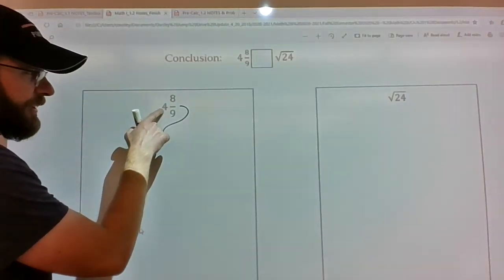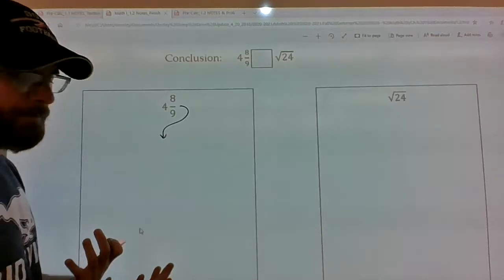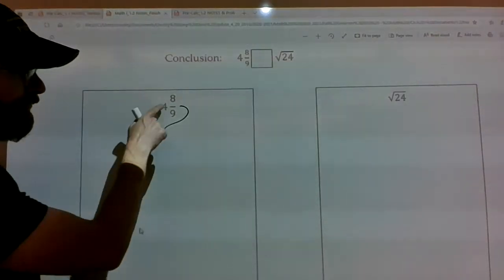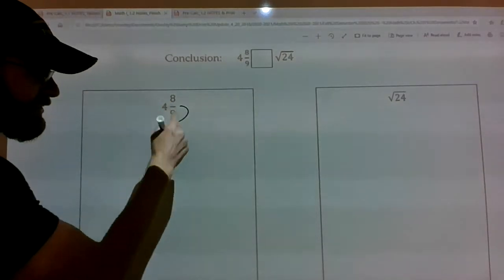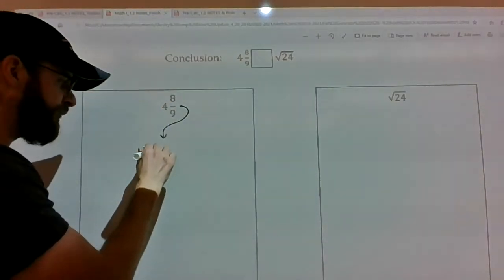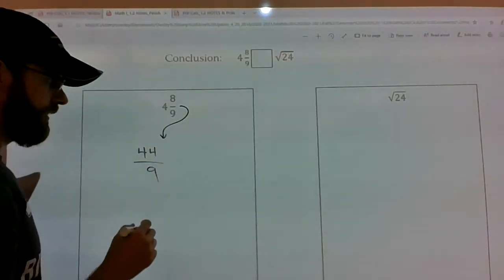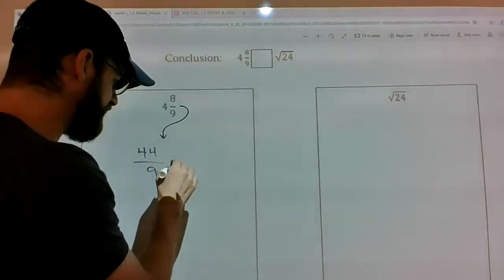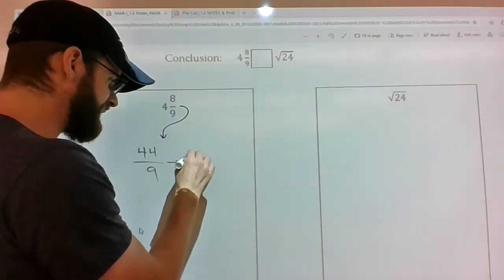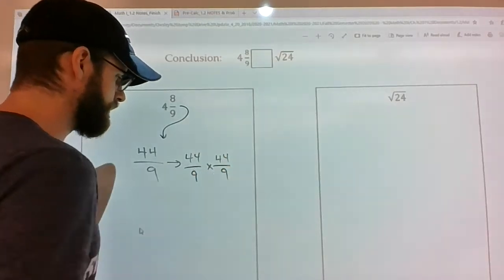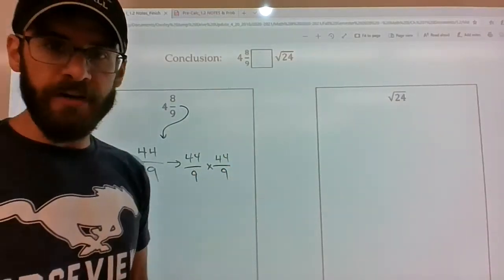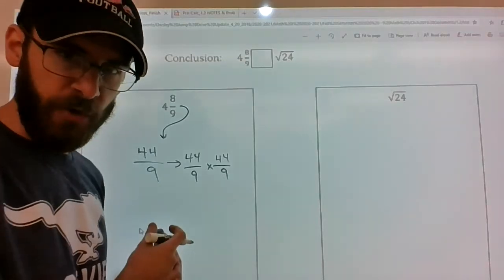To convert this mixed number into a fraction, because I need to multiply it by itself, I'm going to take 4 times 9, that's 36. Add the 8, it's 44. So this is 44 ninths. Converting it to a fraction requires me to multiply it by itself. Now this is the point at which I would expect you to show some scratch work off to the side.